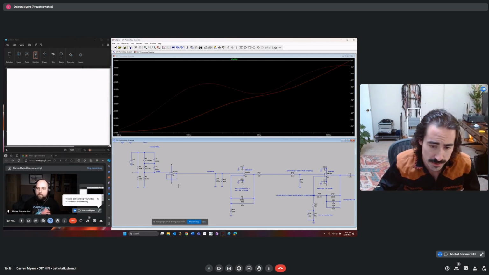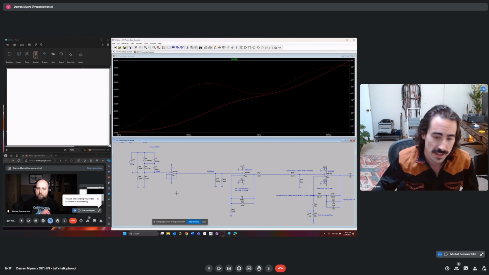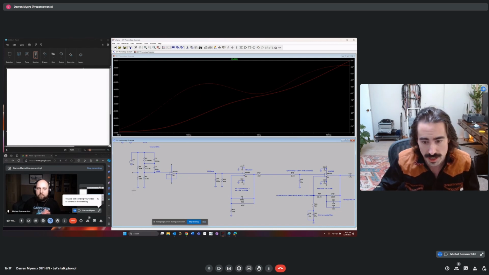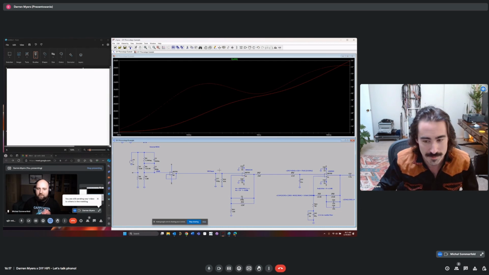I've added an amplifier here to buffer the output of our inverse RIAA and the input of the phono preamp. Actually, in this case, you don't need this buffer, but I always put that in there so that I don't have a situation where it interacts with the input of something.